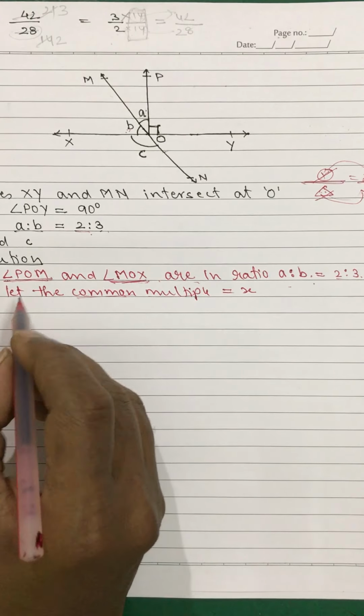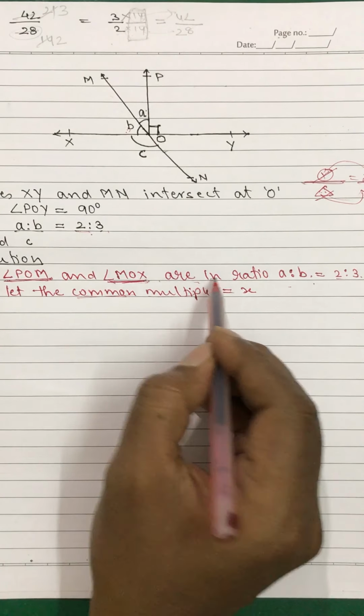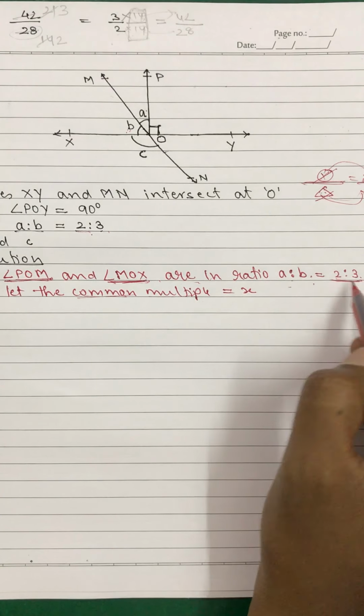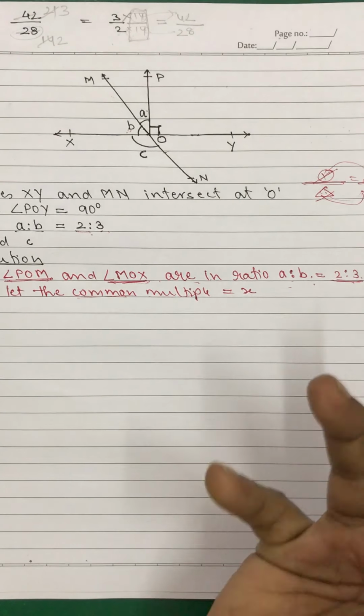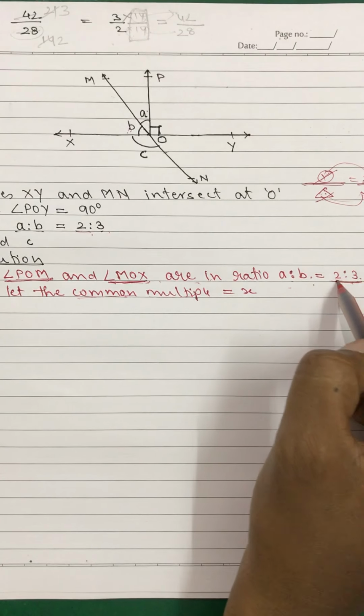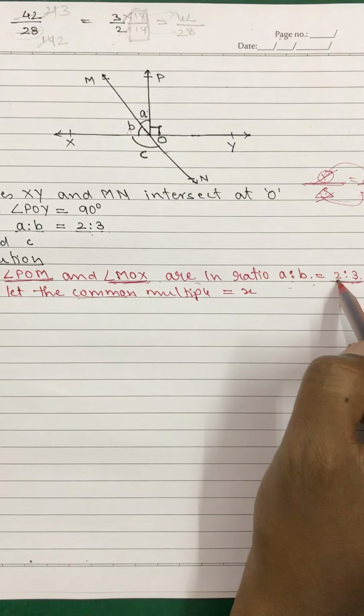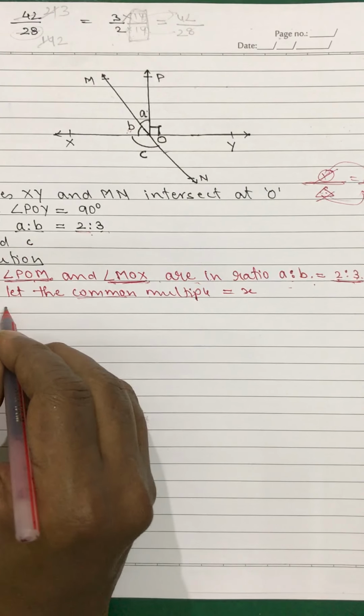So angle POM and angle MOX are in the ratio 2:3. A is to B is equal to 2:3. Let the common multiple be x. I don't know what number I have to multiply with 2 and with 3 so that I will get the original numbers.